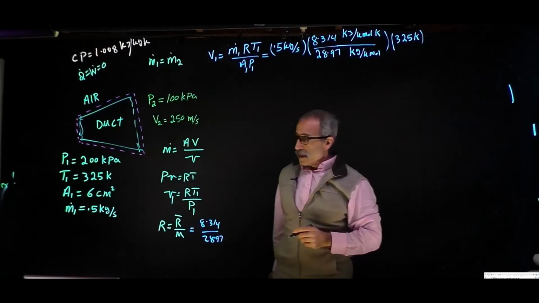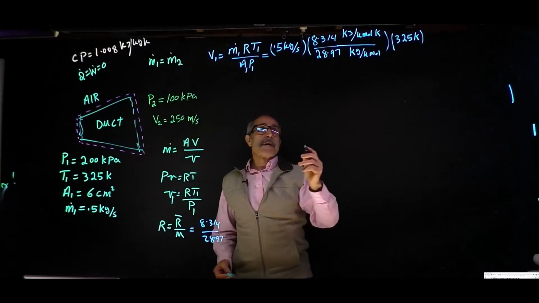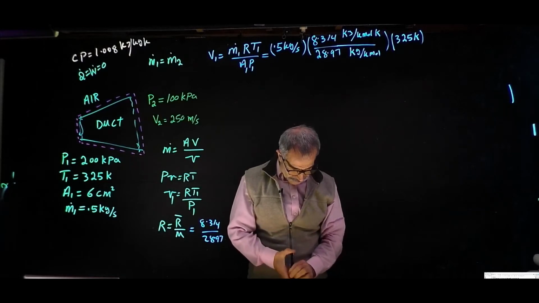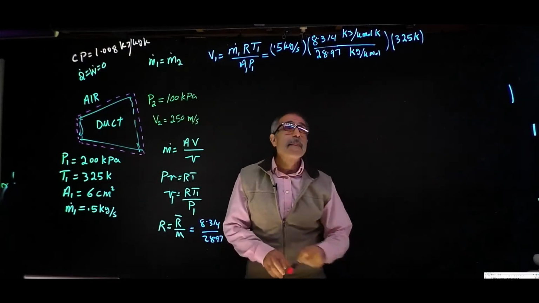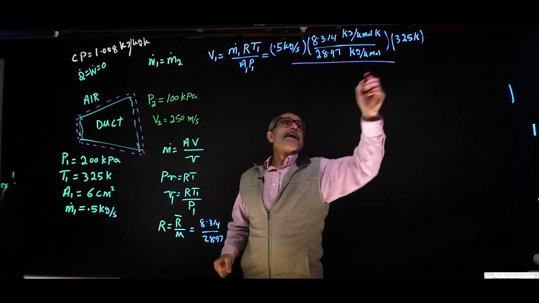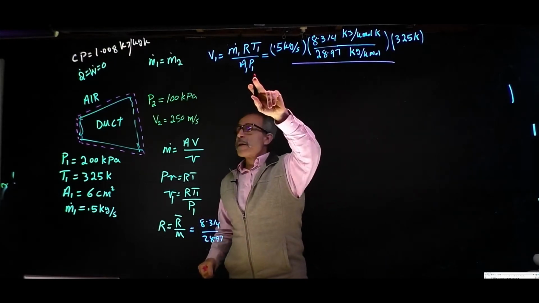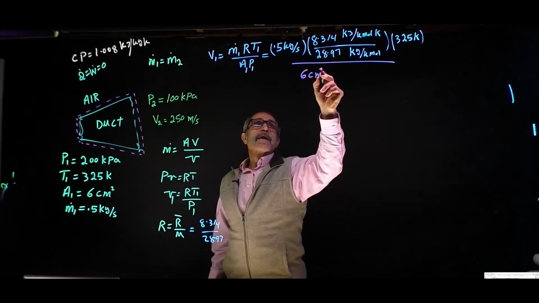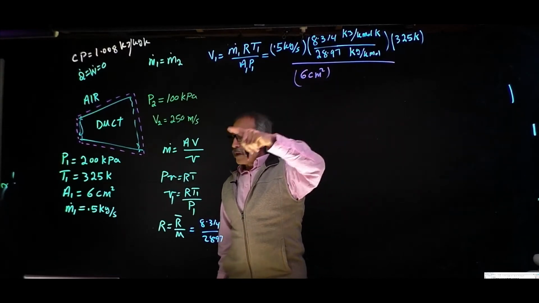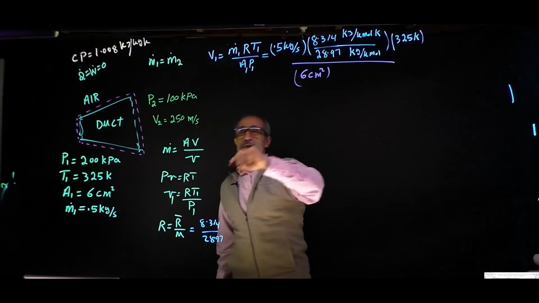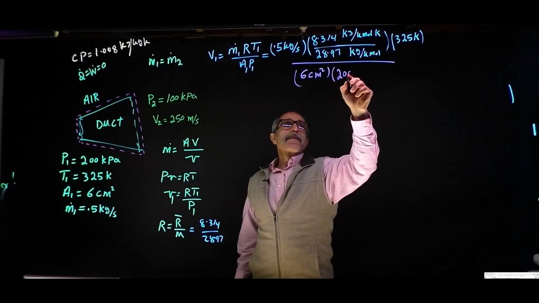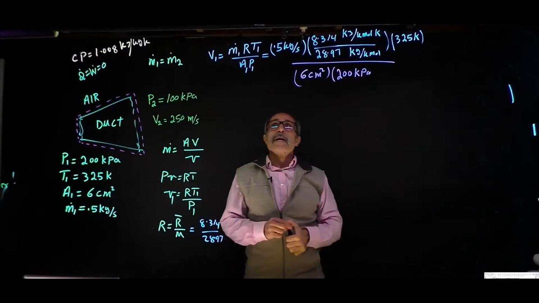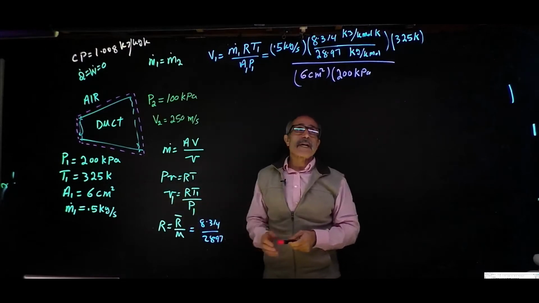Now I have to divide by A1, and A1 is given as 6 centimeters squared, and P1 is given at 200 kilopascal. The answer, the velocity, is in meters per second.